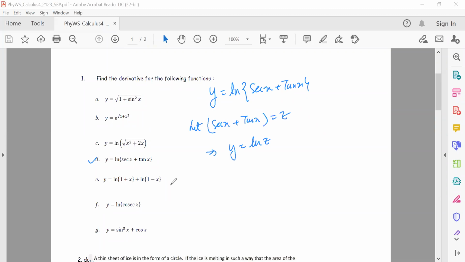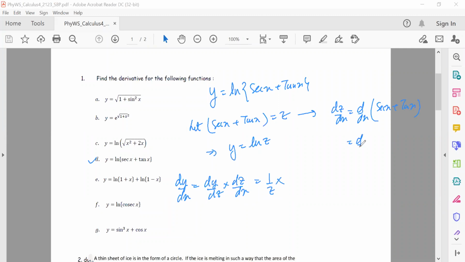So we won't have to do a double layer of substitution. This is direct. dy by dx is dy by dz into dz by dx. Now y is ln z, so differentiation of y with respect to z will become 1 by z, and z is this, so dz by dx is differentiation of sec x plus tan x.